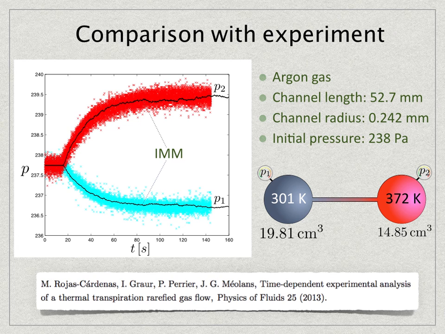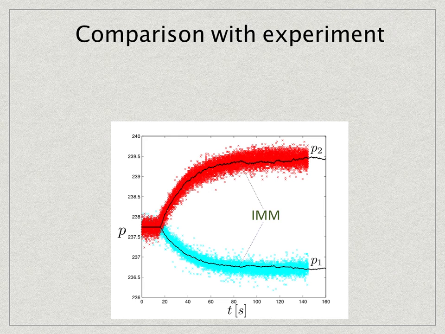We can now make an estimate of how much this multi-scaling has saved us in terms of computational effort. There's been a twofold saving. One, because of the IMM, which has allowed us approximately 300 times fewer particles than if we tried to solve the entire length of that channel.